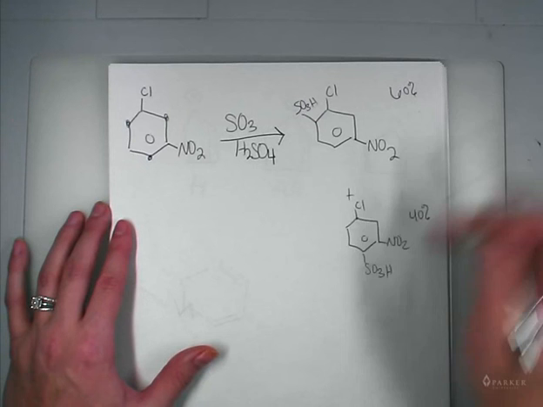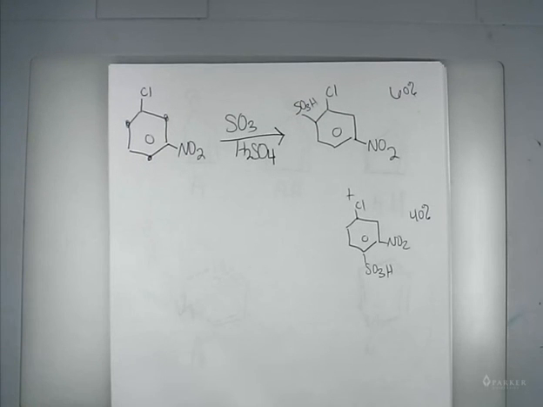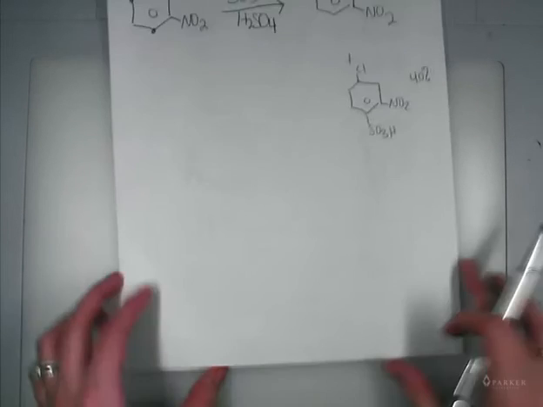Chlorine is smaller than a nitro group. Let's look at this one.